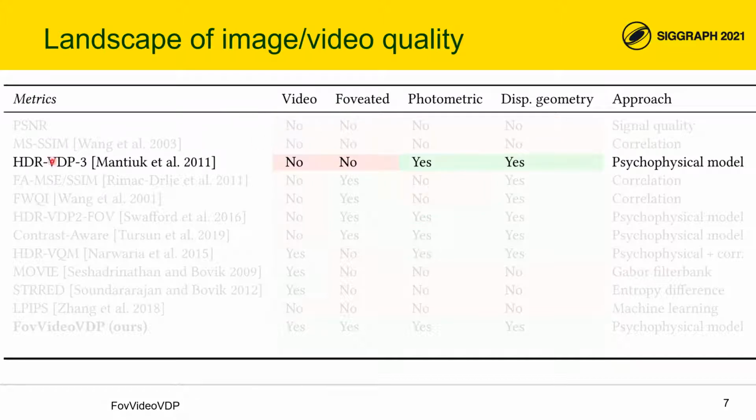If we want to account for display physical properties, we need to switch to a physics-based perceptual metric such as HDR-VDP3, which, however, will not account for video perception or foveation.